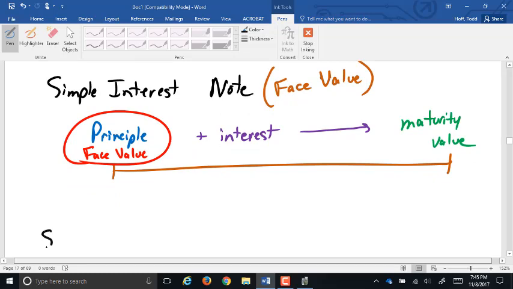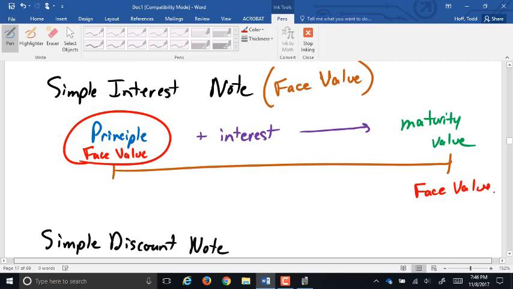There's something else called a simple discount note. In a simple discount note, the face value is at the end of the note. It's the amount paid back. You can think of it as the maturity value.